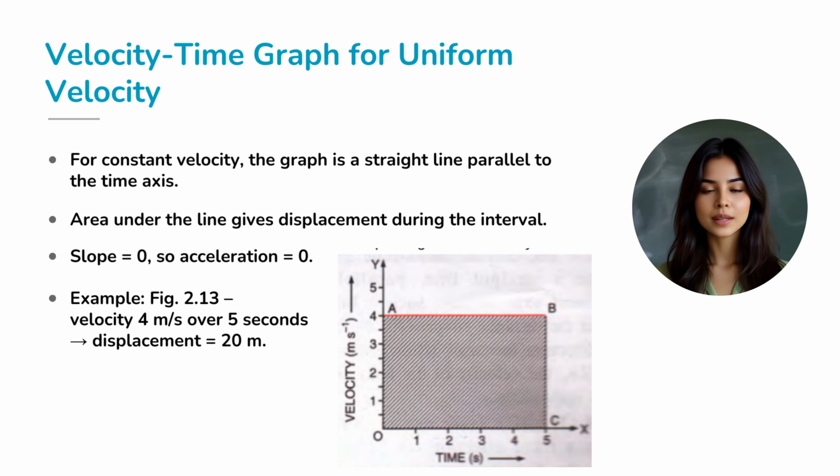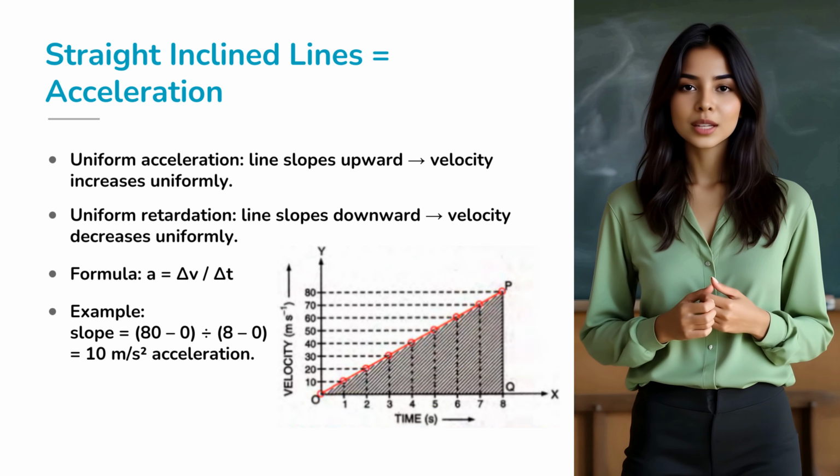But remember, even with zero acceleration, the object still covers distance. So, displacement equals velocity into time, which is just the area of the rectangle under the line. Check out figure 2.13. 4 meters per second for 5 seconds gives a clean displacement of 20 meters. Simple and neat.